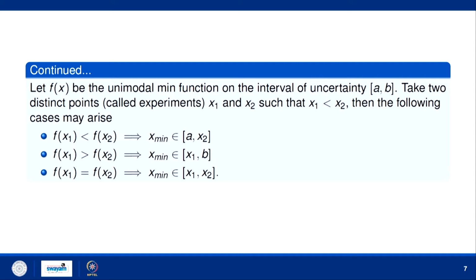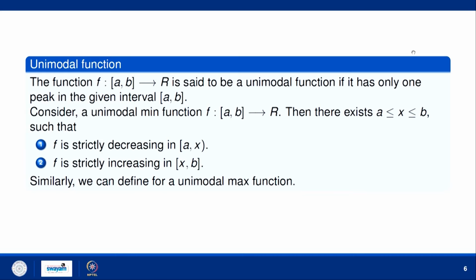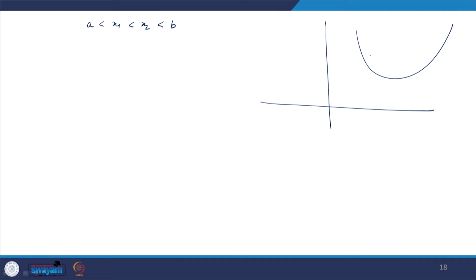Now, in unimodal minimum functions, various cases may arise, so let us discuss these cases. Suppose between a and b you have two experiments, x1 and x2. This is y equal to f(x), a function.